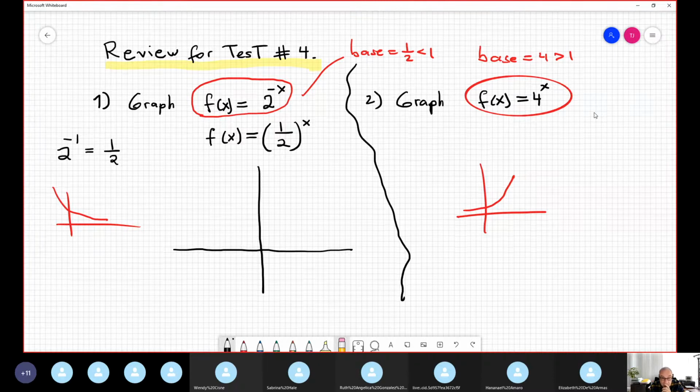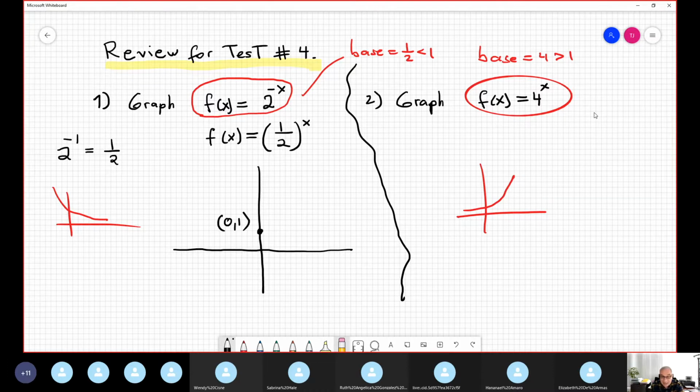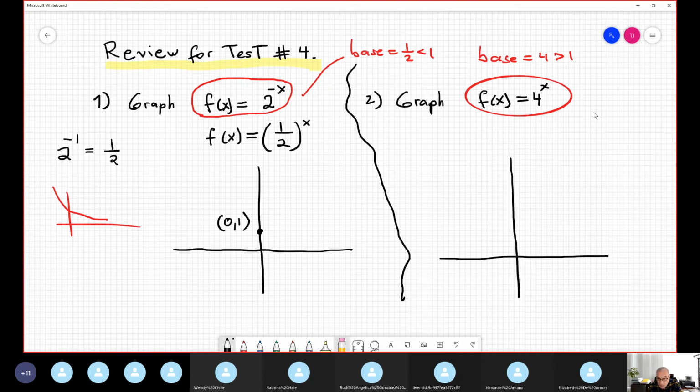The point (0,1) is classical in any exponential. The function passing through the point (0,1) is universal, regardless of the base.